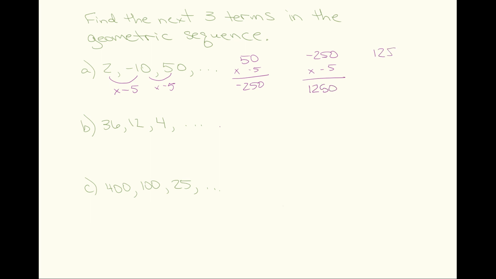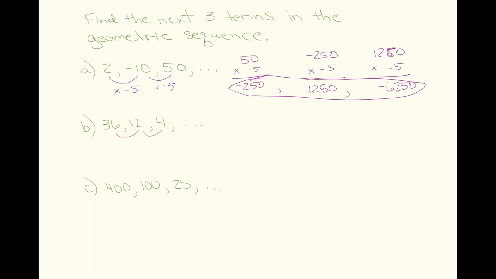Then 1,250 times -5 would be negative 6,250. So your final answer would be these 3 numbers.